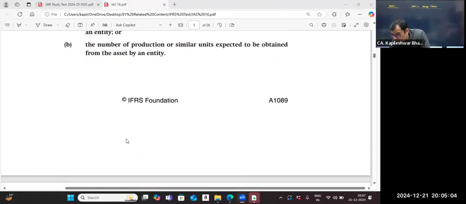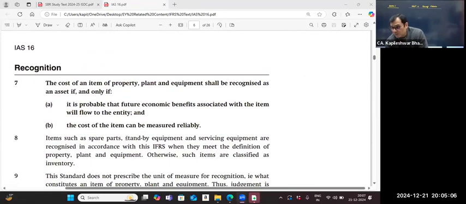And let me also take you to the recognition criteria, which is given in para 7. It says the cost of PPE shall be recognized as an asset if and only if the two conditions A and B are met. Condition A is that it is probable that future economic benefits will flow.